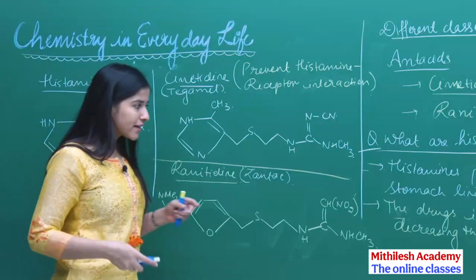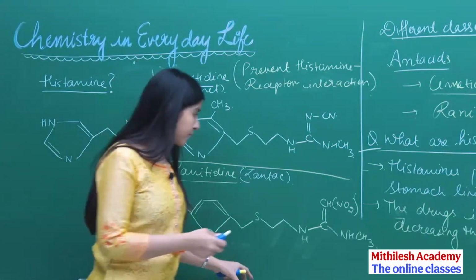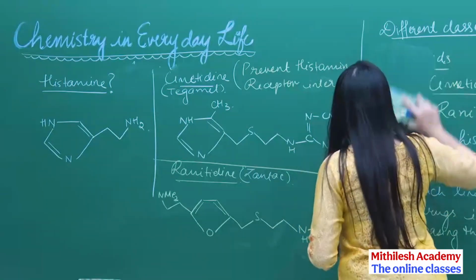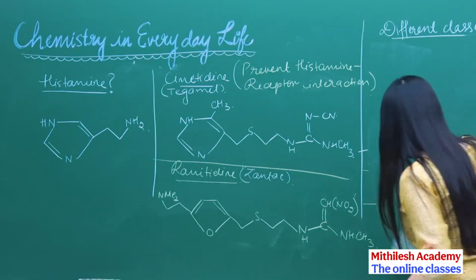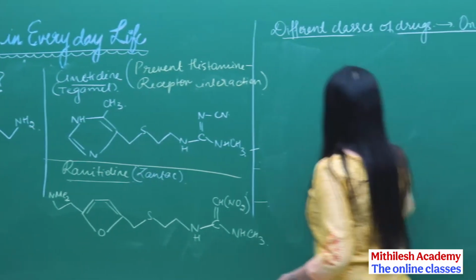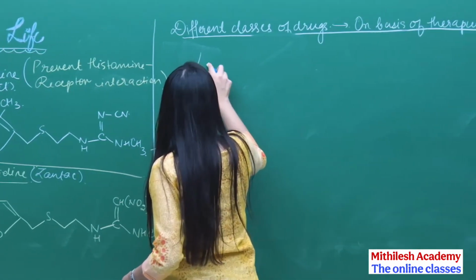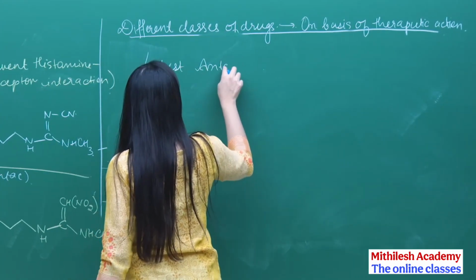Now, what are the latest kind of drugs which are actually used these days? You do not need to actually go into the details of the structure, but I am just specifying the names. I am talking about the latest antacids that we use these days.